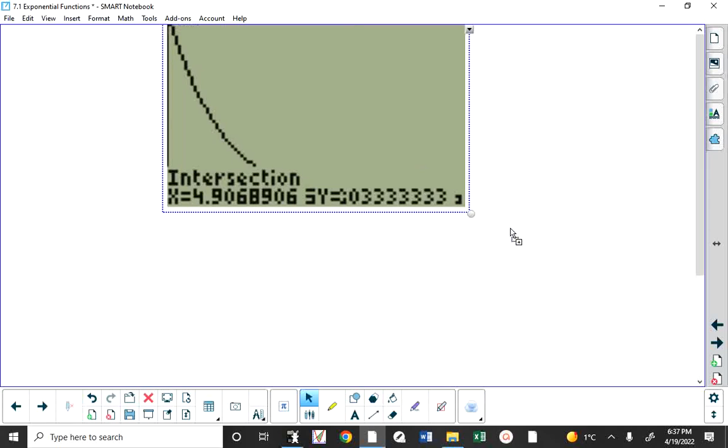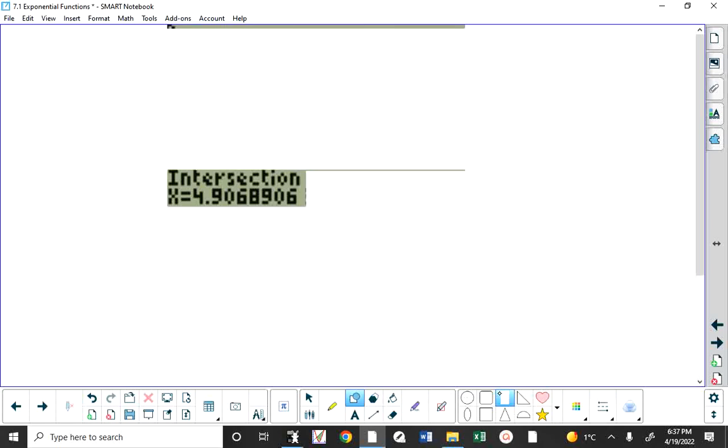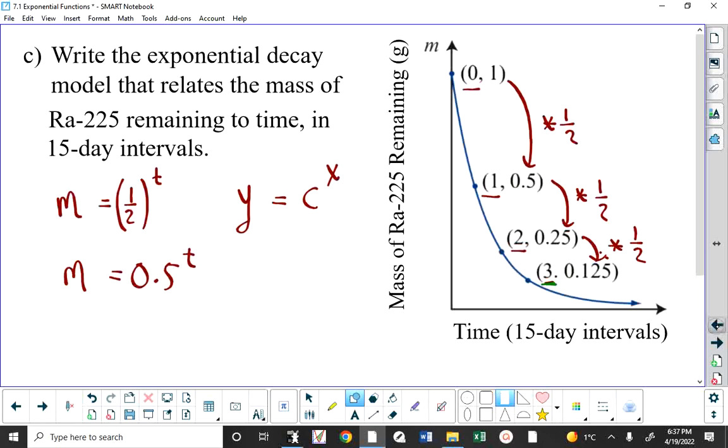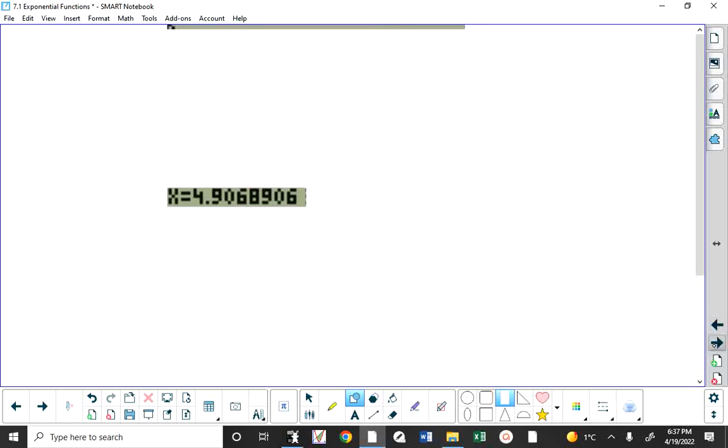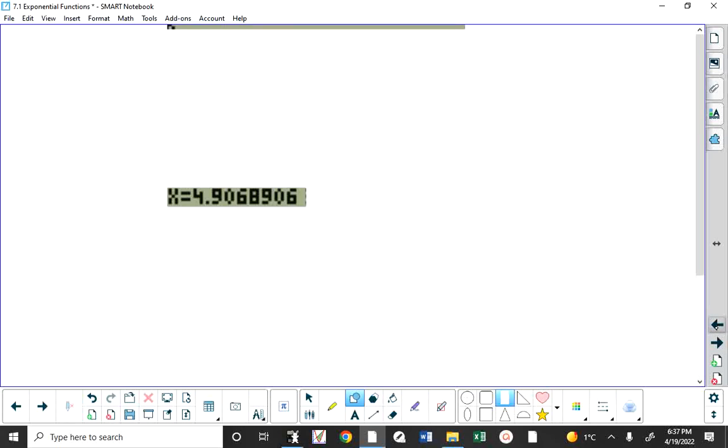But that's not the answer, because the question was, how many days does it take? This x value is not a number of days. This is 4.9 15-day intervals.